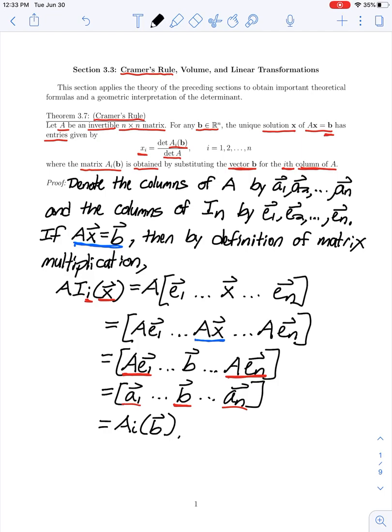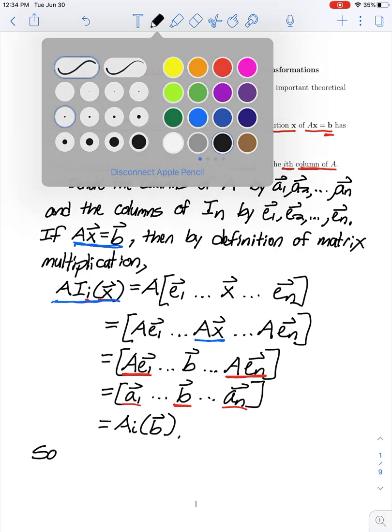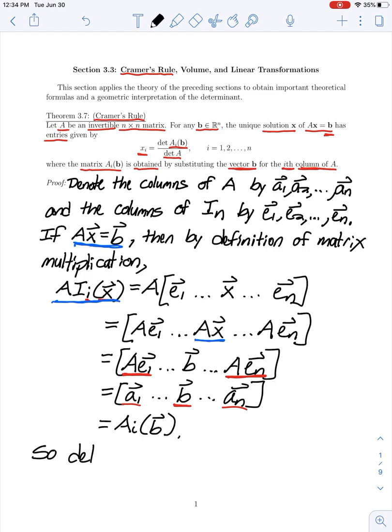So now if we make use of the multiplicative property of determinants, let's take the determinant on the left and right hand side of our equation. So we would be looking at the determinant of A times I sub i of x, which we know is equal to the product of the determinants.